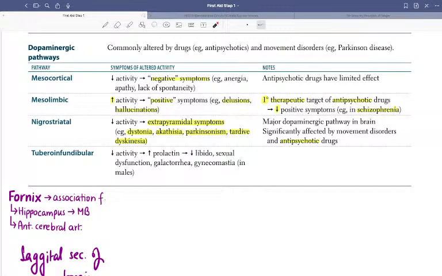So we'll just quickly go through this. Pixelrize has some really good images for this.